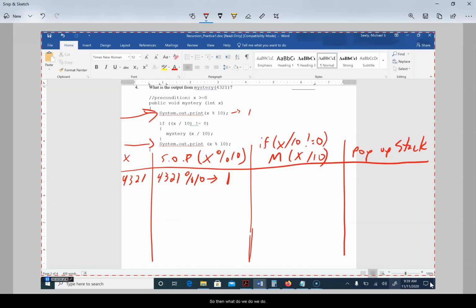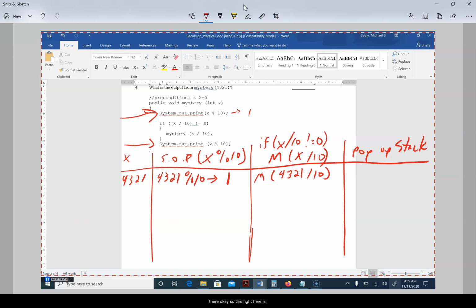Okay, so then what do we do? We call the mystery method, and we pass in 4,321 divided by 10.